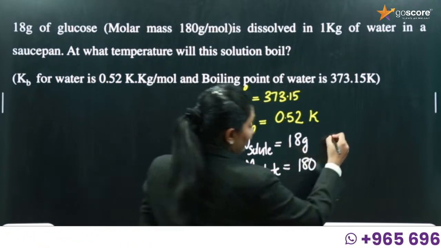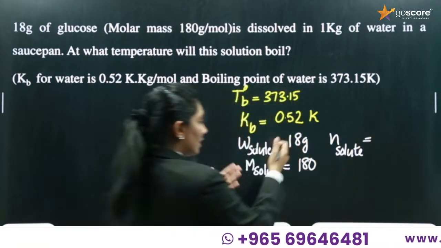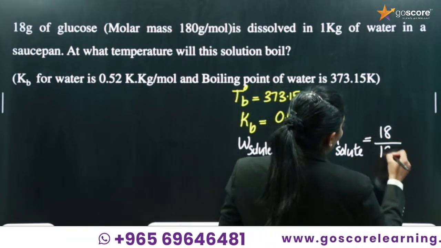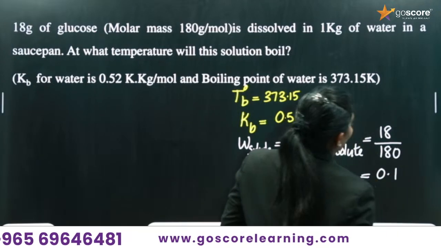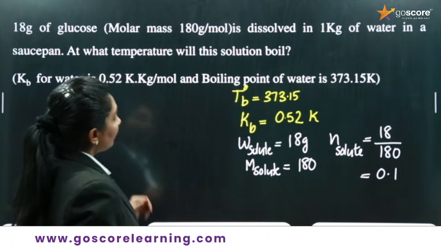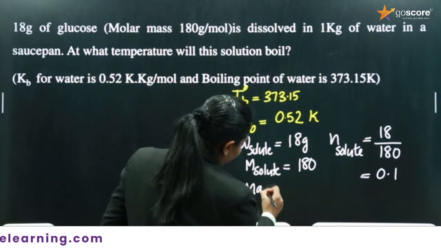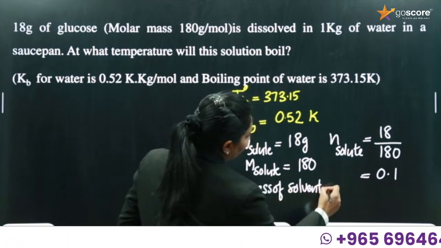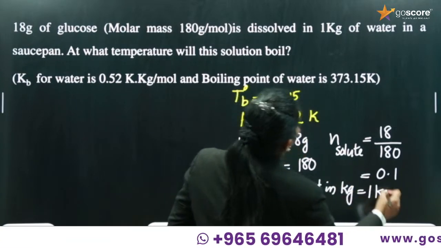So we calculate the number of moles of solute, that is the given mass divided by molar mass, 18 divided by 180, that is 1 by 10, equal to 0.1. And the mass of solvent in kilogram is given as 1 kilogram.